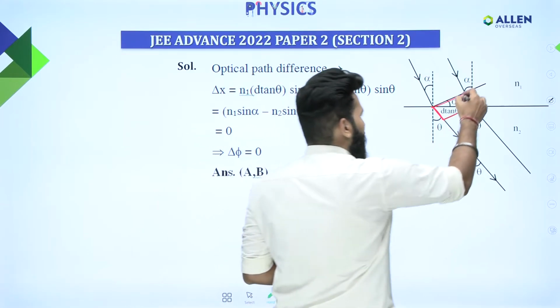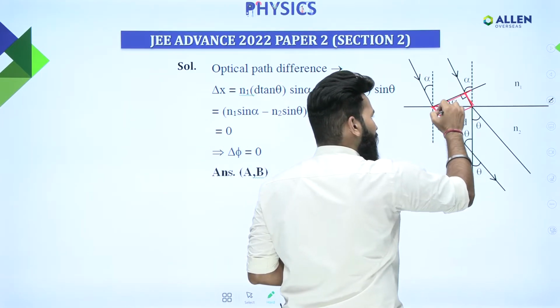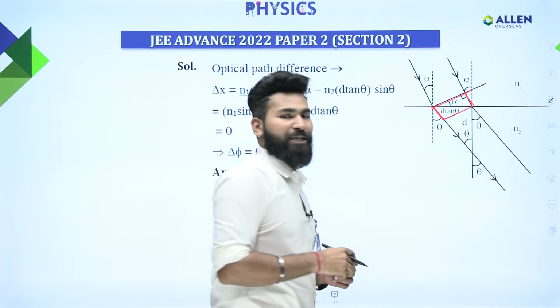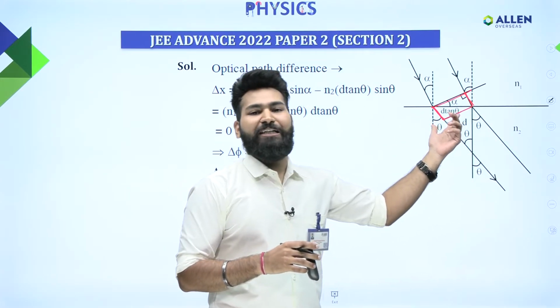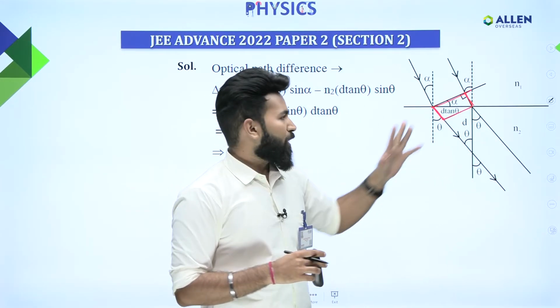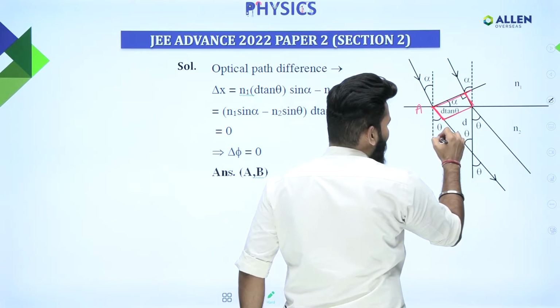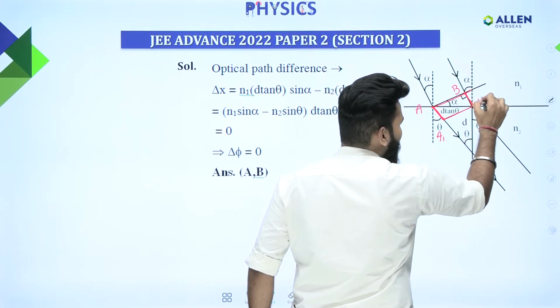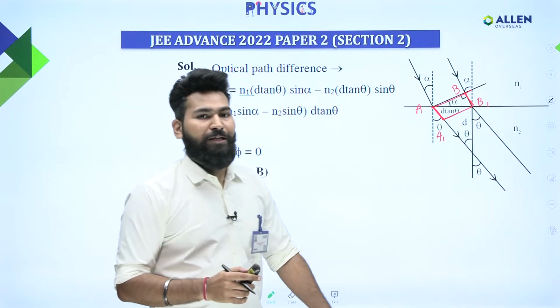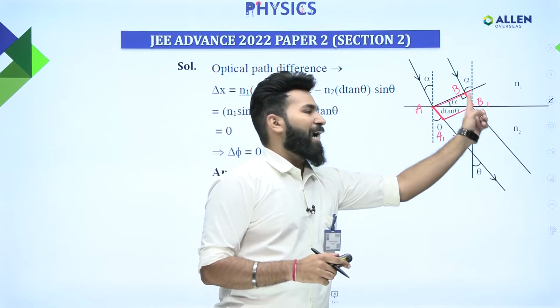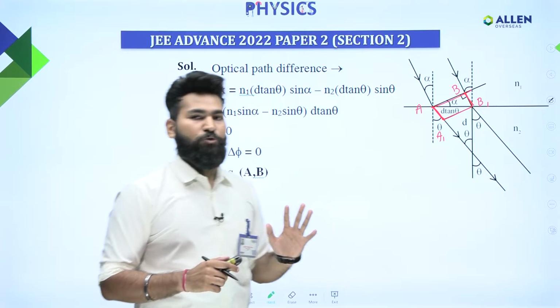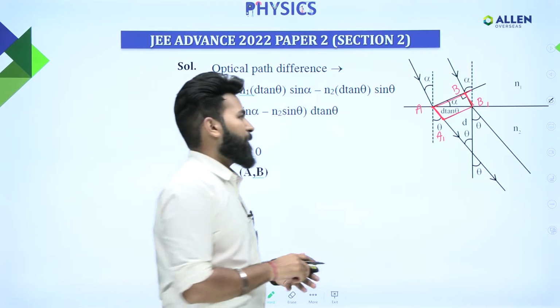By the time the first ray moved this one, the second ray moved this much in the second medium, right? So this is what creates the path difference between them. Let these points be A1 and B1. If we are able to calculate the difference between the paths AA1 and BB1, then we'll be able to find the optical path difference, right?